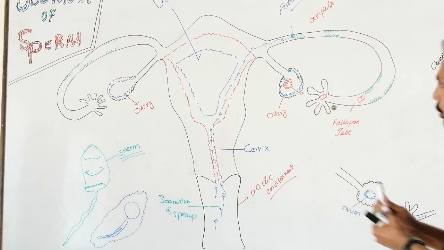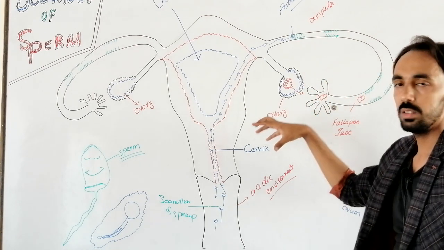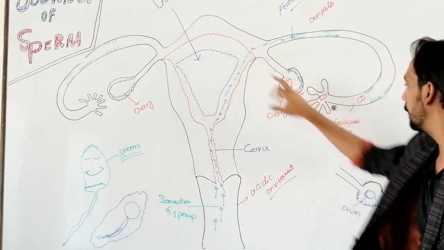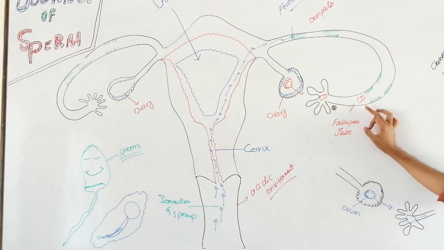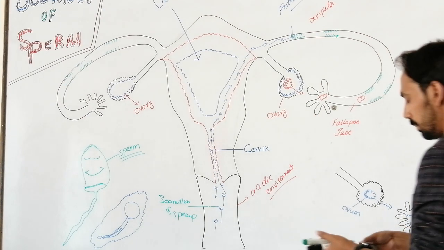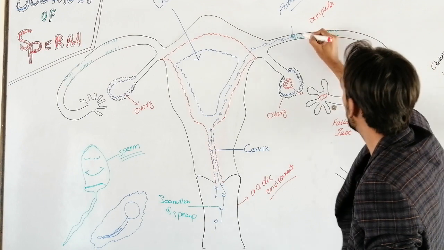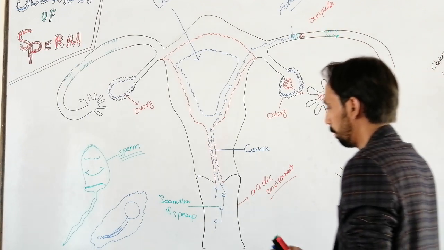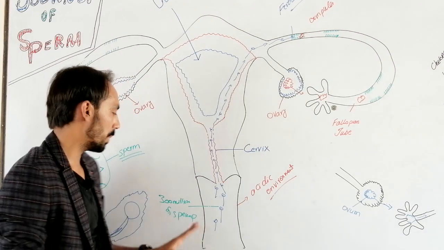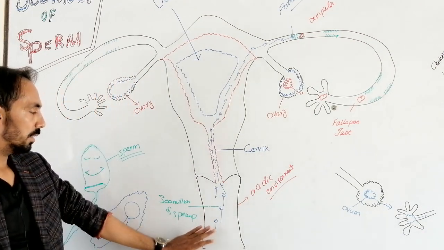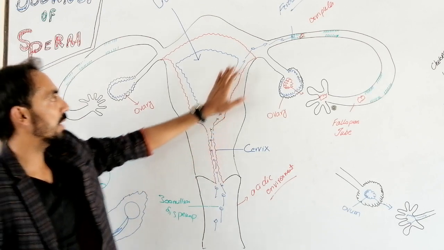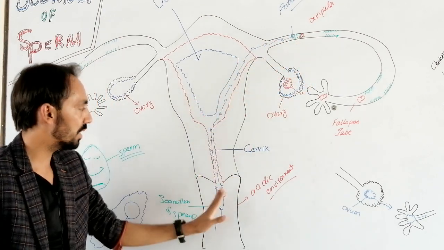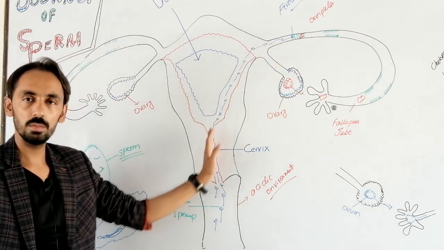The fertilization is actually the meeting of the sperm and this unfertilized egg, right? So the question is, how are our sperms moving their way towards the fallopian tube in this dark environment, right?